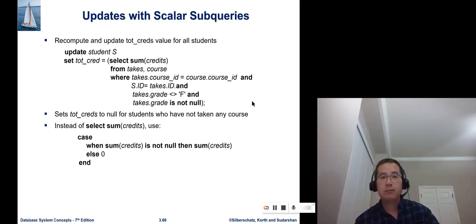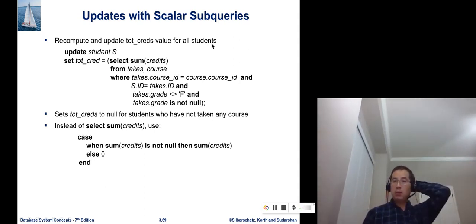Okay, let's look at another one. Updates with scalar subqueries. For example, we want to recompute and update the total credit value for all students. After the scores are released, each student will receive the credit.